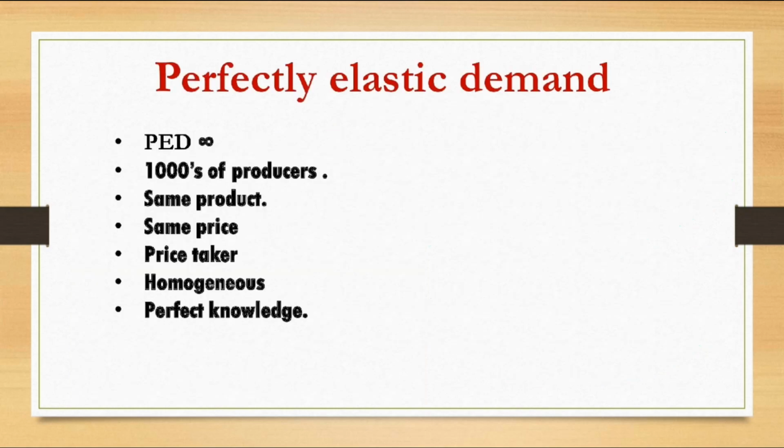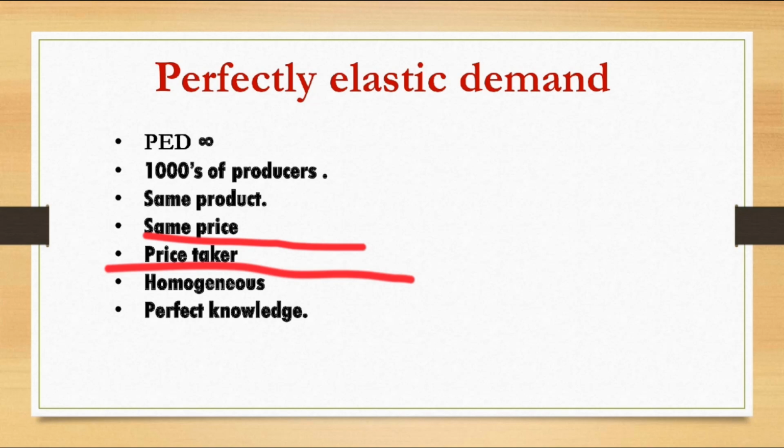Perfectly elastic demand, the result will be infinity. It is a situation where there are thousands of producers selling the same product, so they have to charge the same prices, and they are also known as price takers, because they cannot set their prices by themselves, and they cannot influence the prices according to the demand.